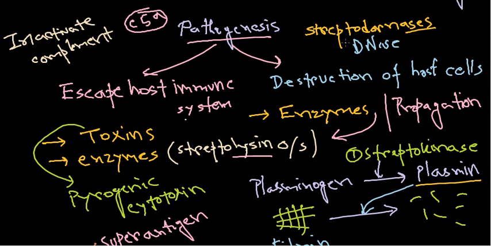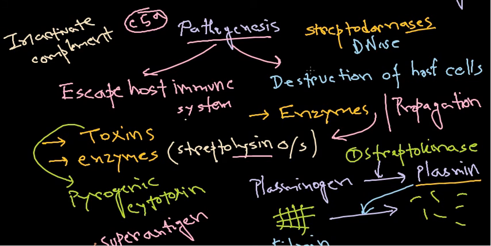This DNase can degrade the viscous DNA in necrotizing tissue, so it can actually degrade the DNA and kill those cells during necrosis. Remember, we have seen that different kinds of infection with Streptococcus result in necrosis and tissue damage.